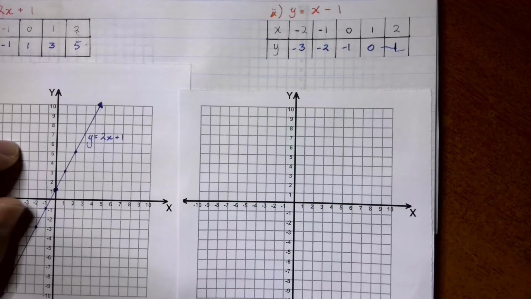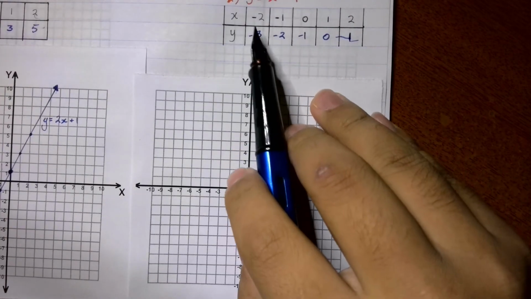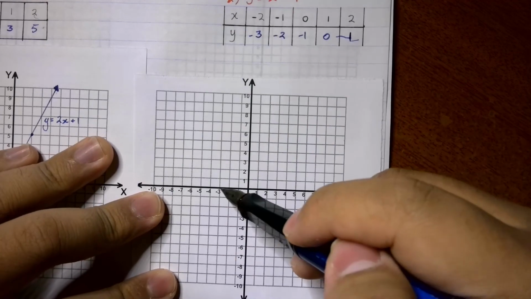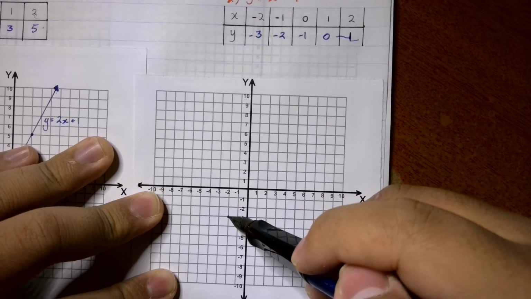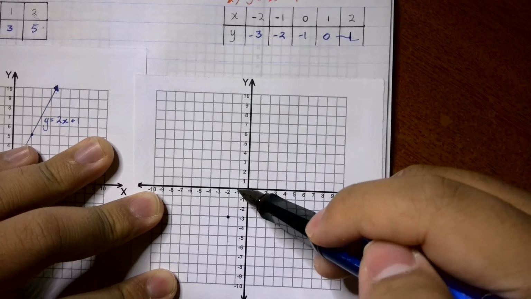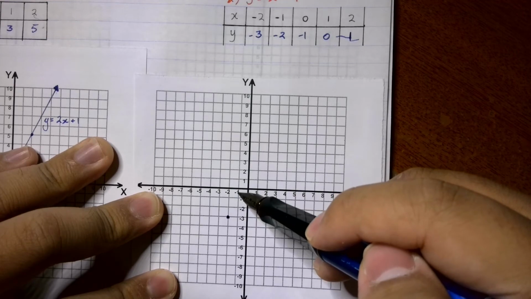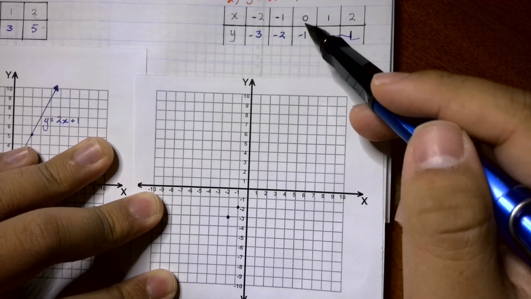Now with our table of values, we're going to plot the points. Negative 2, negative 3 is here. Negative 1, negative 2. So negative 1 is here. Negative 2. 0, negative 1.